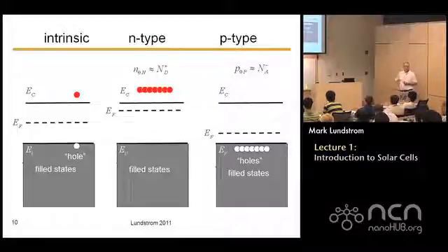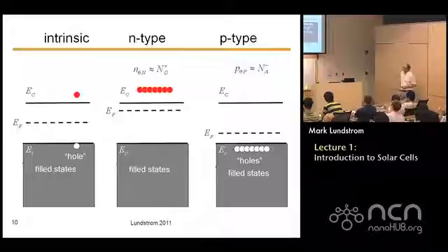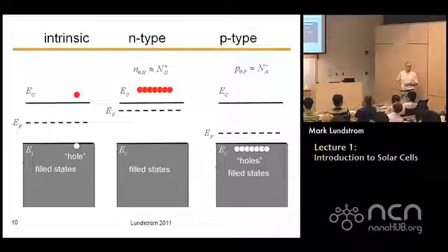But at room temperature, there's some thermal energy that can break some bonds and can promote an electron from the valence band to the conduction band. Now we've got an empty state in the valence band that we think of as a positive charge carrier or a hole, and we have an electron in the conduction band. Okay. That's an intrinsic semiconductor, equal numbers of electrons and holes.